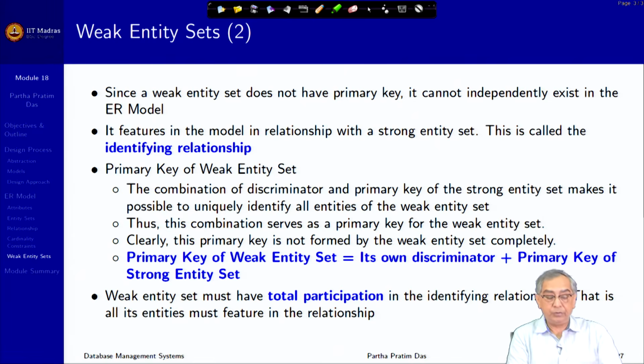The basic two rules are that the weak entity set must have a total participation in the relationship, and the primary key of the weak entity set is its own discriminator union with the primary key of the strong entity set it is related with.